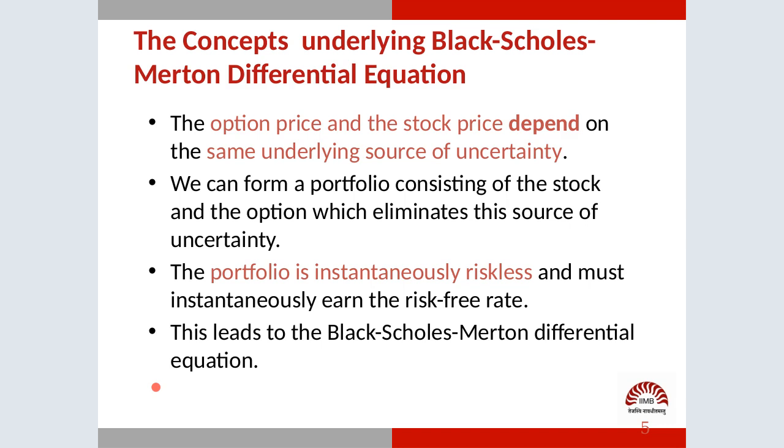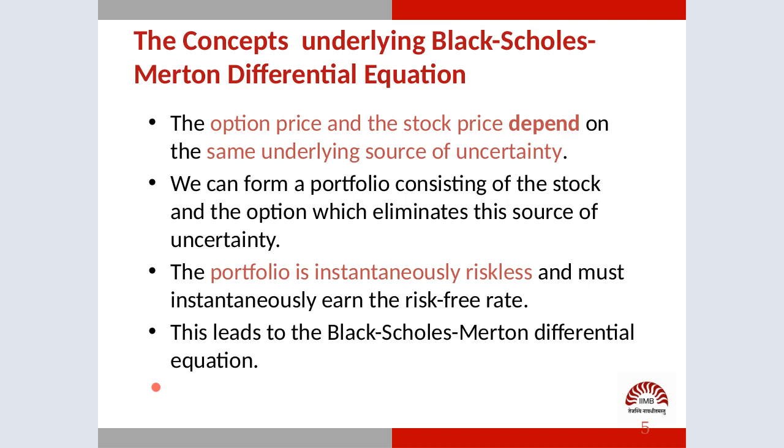Therefore, both are exposed to the same source of uncertainty. Whatever uncertainty impacts the spot price is what impacts the option price. Why? Because after all, the option price is dependent on the spot price only. If there is an uncertainty in the spot price, that uncertainty gets translated to the option price also. So both of them have the same source of underlying uncertainty.